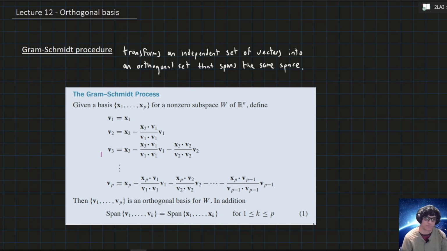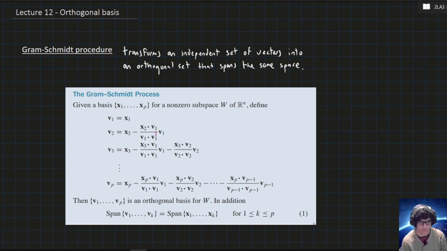And then for the third step, we want a vector that's orthogonal to the first two vectors. In other words, we want to compute a vector that's in the orthogonal complement of the span of the first two vectors.